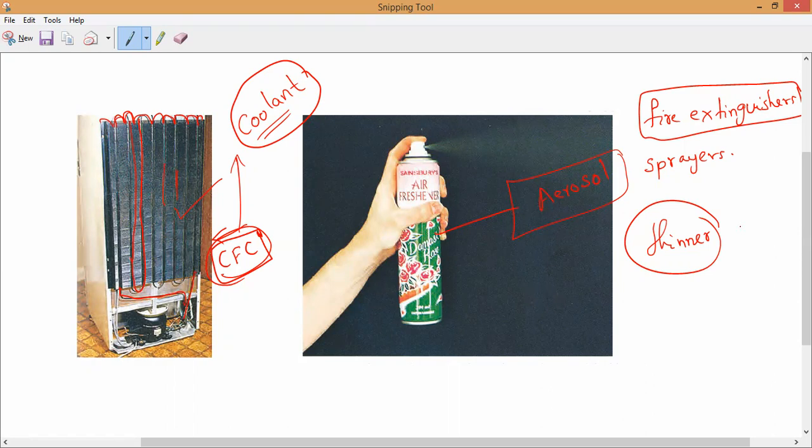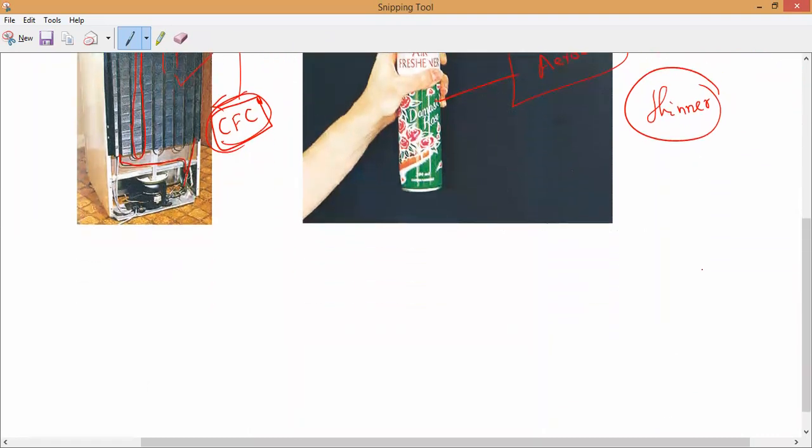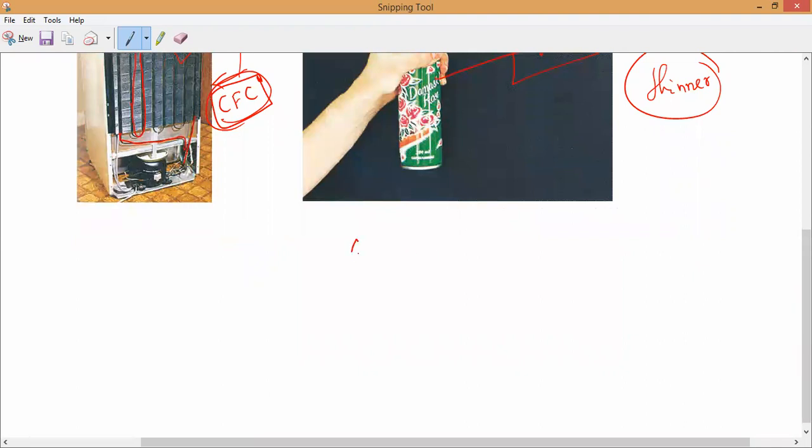Suppose, because of our human activities, the ozone layer in the atmosphere disappears completely. Then all the extremely harmful UV light, or ultraviolet radiations, coming from the sun will reach the earth, and these ultraviolet radiations would cause majorly three problems to animals.